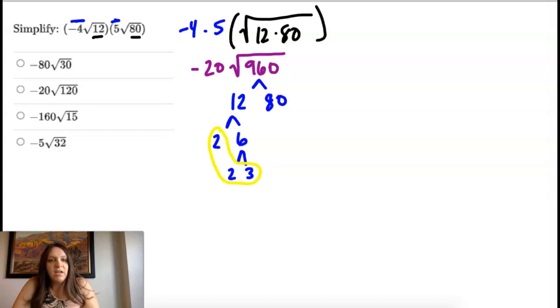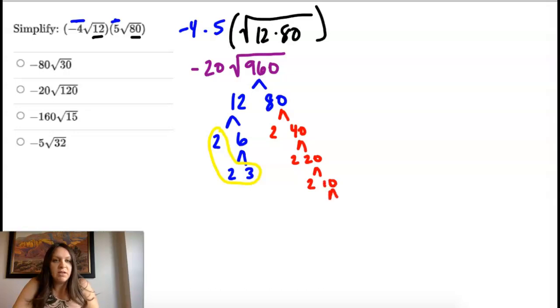And then for 80, I have 2 times 40. I'm just going to continue. 2 times 20, 2 times 10, and 2 times 5.